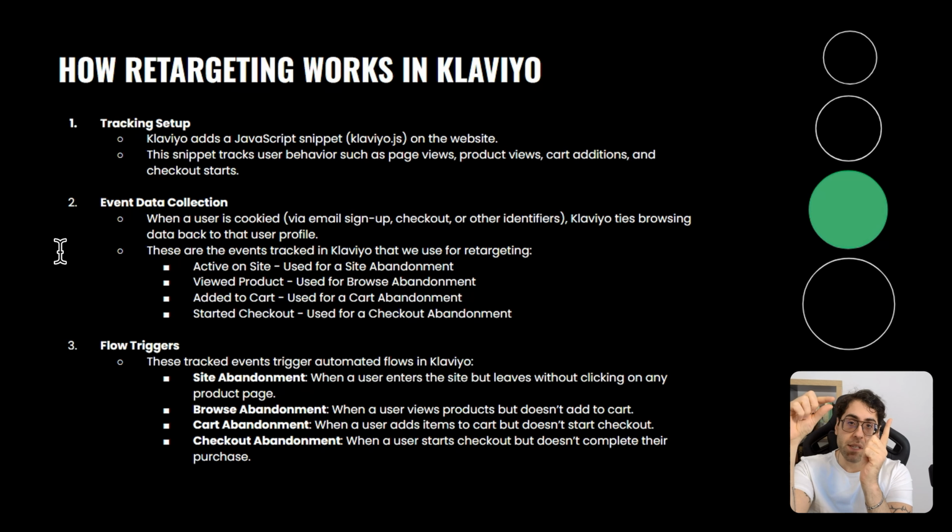You will have people visiting the website, fewer people viewing a product page, fewer people adding something to the cart, fewer people starting the checkout, and a smaller number that ultimately does complete the purchase. And unless you're targeting all of those stages, you are ultimately missing out on conversions.